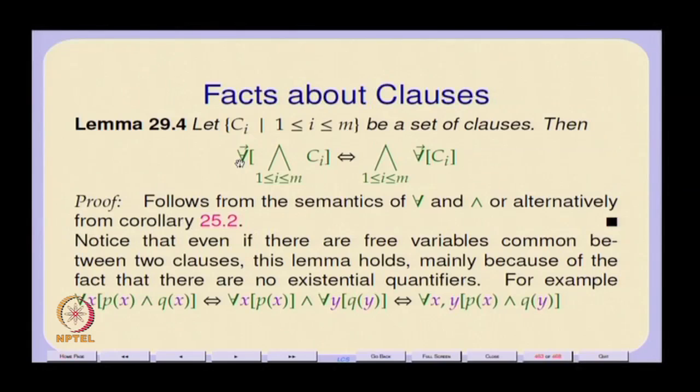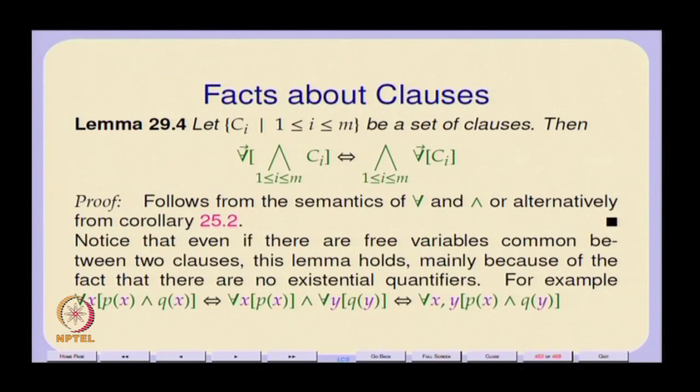I take the conjunction and the universal closure, and that's logically equivalent to taking the clauses apart and taking their universal closure. And this is because your universal quantifier is essentially an infinitary generalization of your AND.